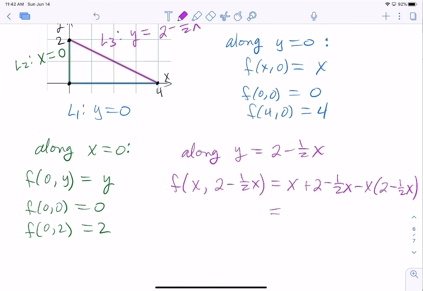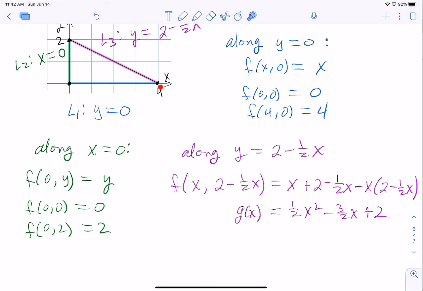Now that simplifies to 1/2 x squared minus 3/2 x plus 2. Here we have a function only of x. That should make sense because we replaced y. I'm going to rename it, I'm going to call it g of x.